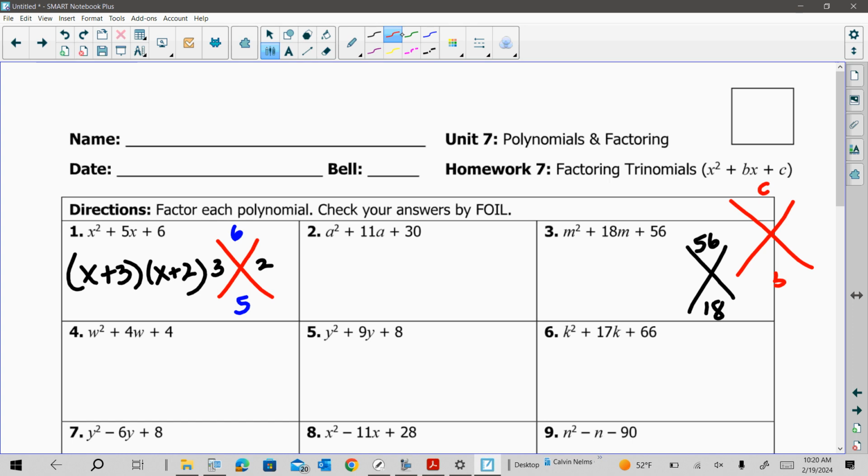Anyone come up with the factors for 56? Yeah, 4 and 14. So m plus 4, m plus 14.